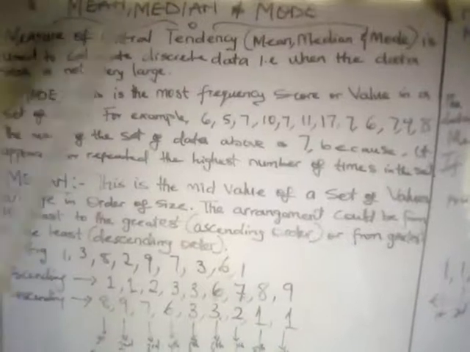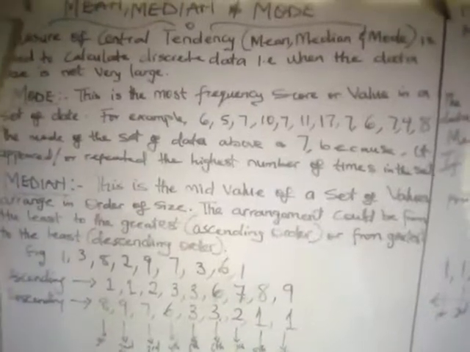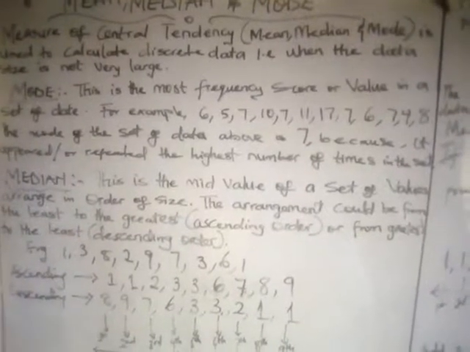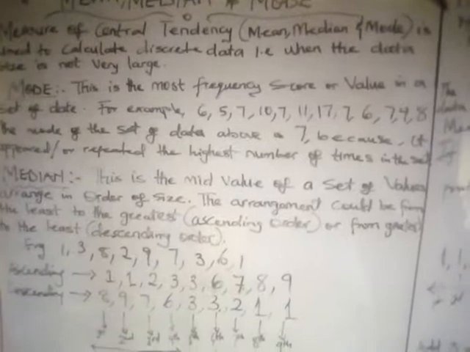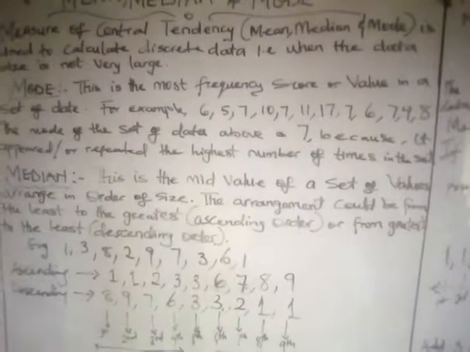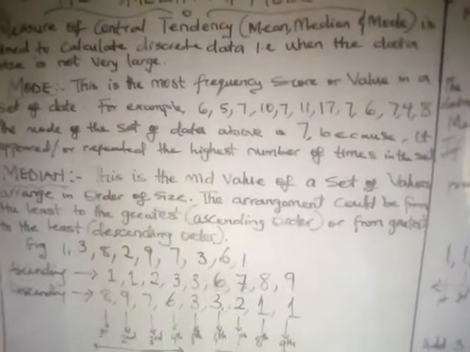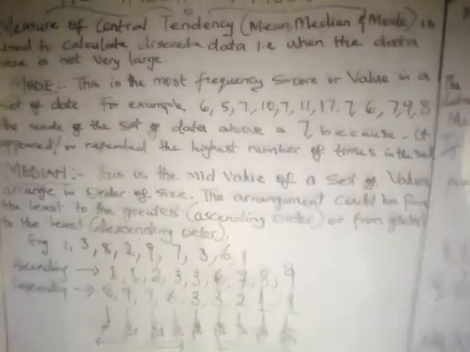Mean, median, and mode is one of the aspects in the measure of central tendency.